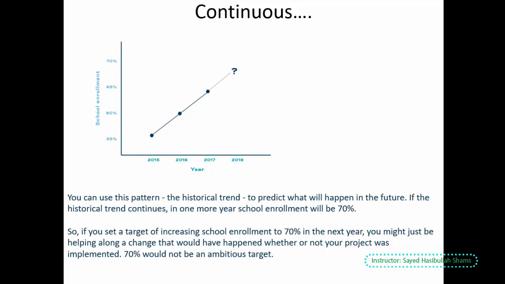For example, you will say 95% or 100% student enrollment in the school. In this case, that will be a good target. And if you set 70%, that will not be a good target, because whether you implement a project or not, people will be enrolled to school, for example, 70%, because we have historical trends here.